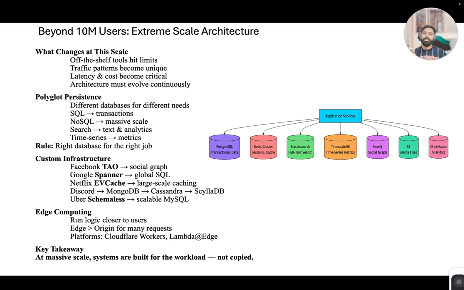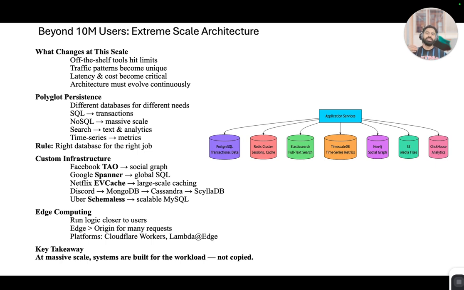So Netflix has built a custom cache system. In a similar manner, Uber Schemaless, a MySQL-based system designed to scale transactions beyond a single database. These systems do not exist on day one, right? They were built only after scale demanded it. So scaling is not a destination, right?